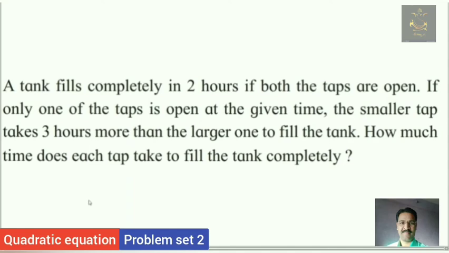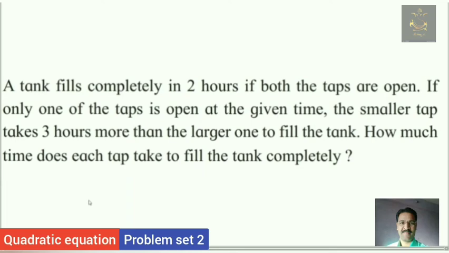If only one of the taps is open at a given time, the smaller tap takes 3 hours more than the larger one to fill the tank. Obviously the smaller tap needs more time to fill the tank than the larger tap.